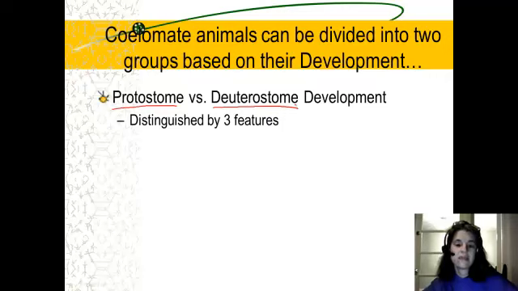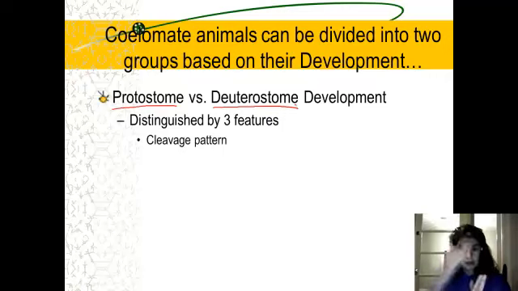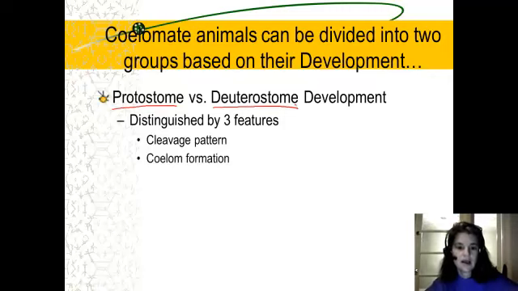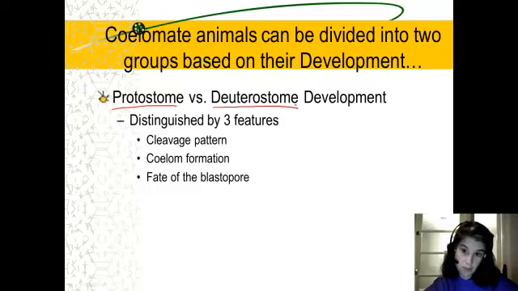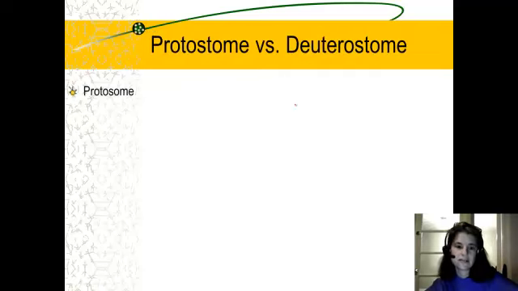Okay, and these two types of development are distinguished by three different features: how the cells cleave from zygote as we're cleaving to form the blastula, how their coelom forms, and what is going to happen to a little structure called a blastopore, and we will talk about that.